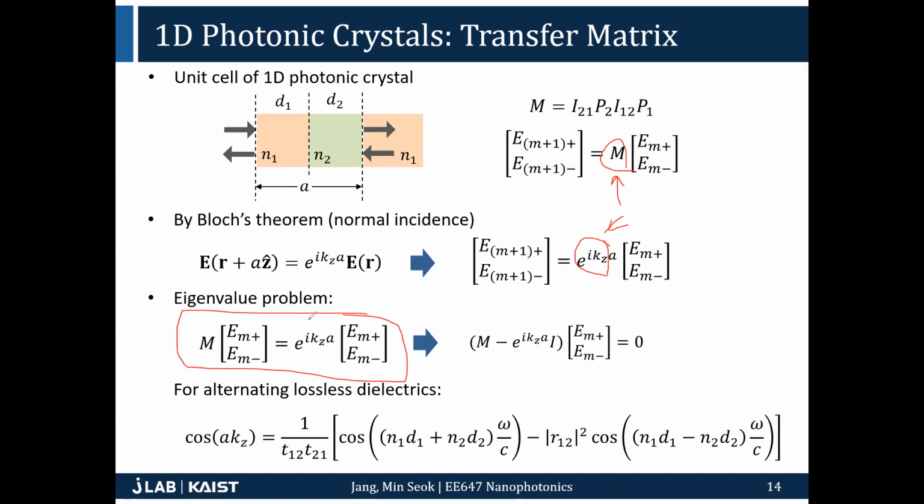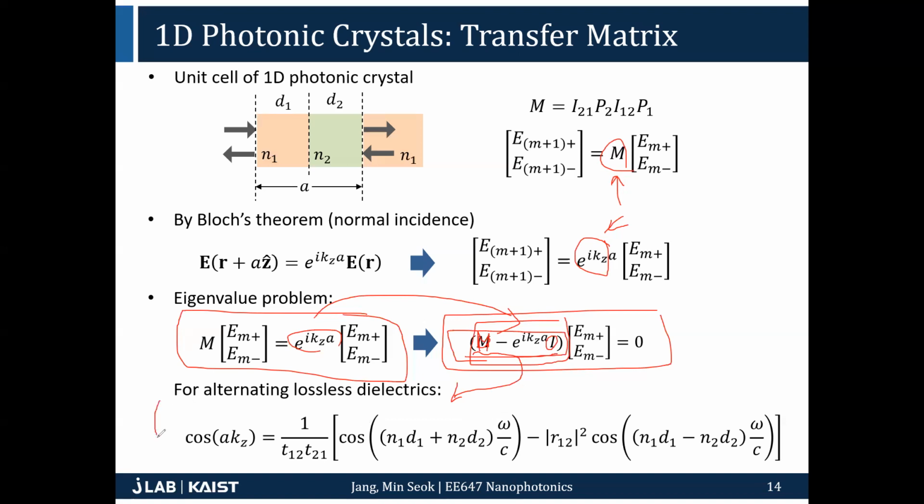So we can combine this equation by writing the scalar times the identity matrix, and here is another matrix. So this is our eigenvalue problem. In order to have a non-trivial solution, the matrix in front should have a zero determinant, right?